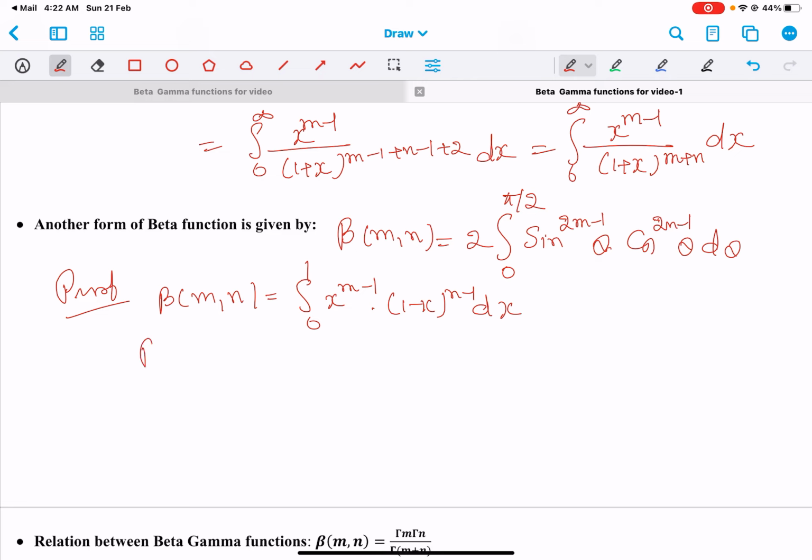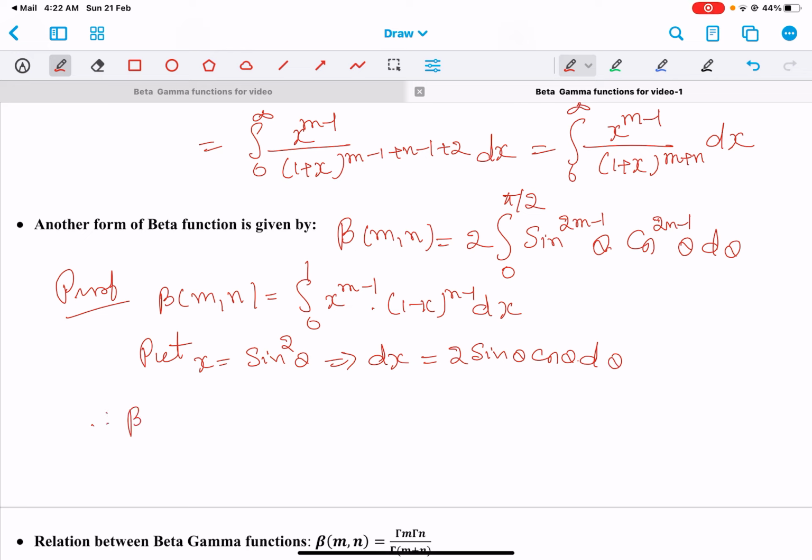So if I put x equal to sine square theta, this will imply that dx is 2 sine theta cos theta d theta.